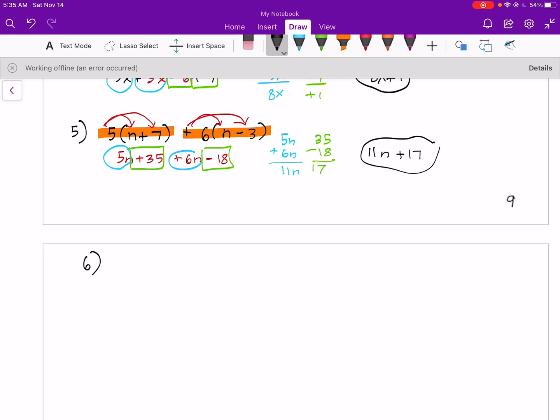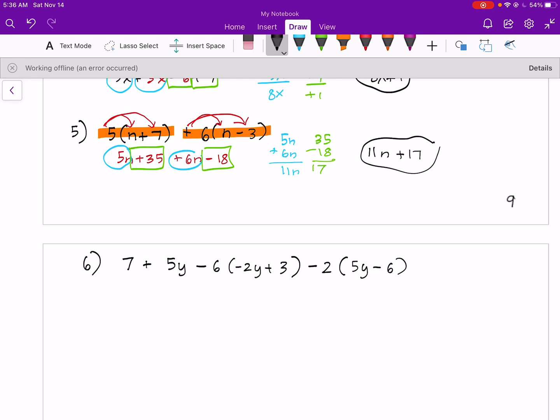All right, granddaddy of them all. I looked up at my notes and didn't write that very clearly, so let me go back. 7 plus 5y minus 6 parentheses negative 2y plus 3 minus 2 parentheses 5y minus 6.